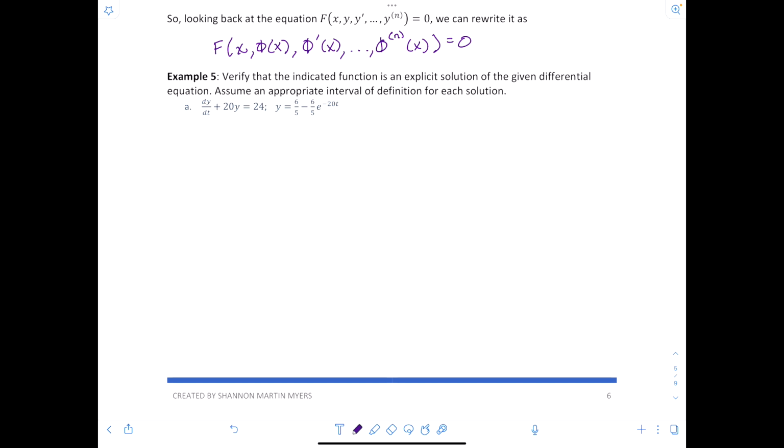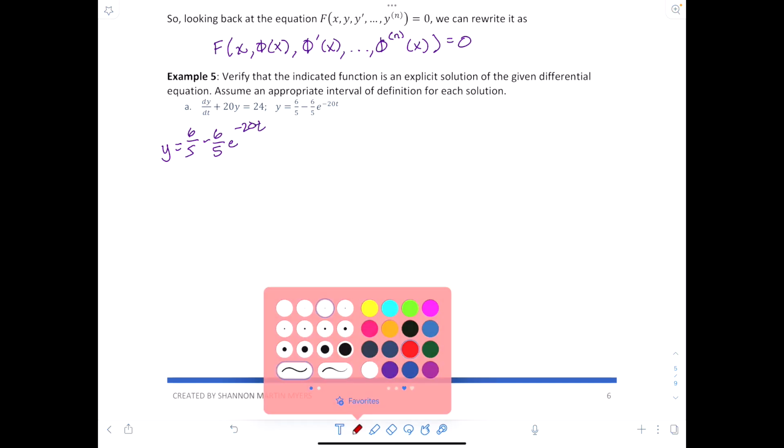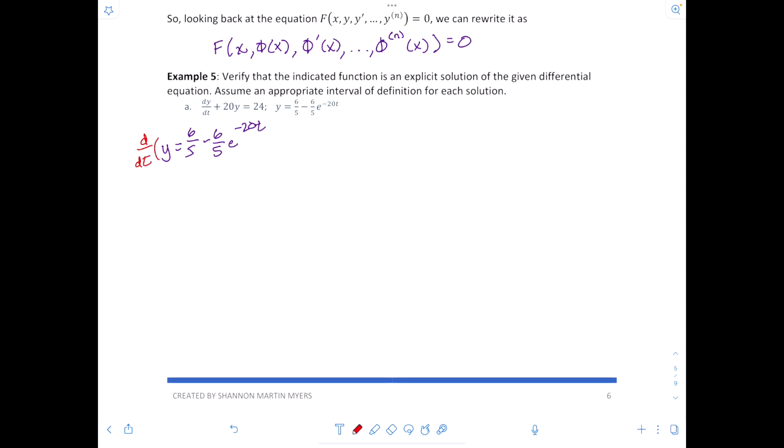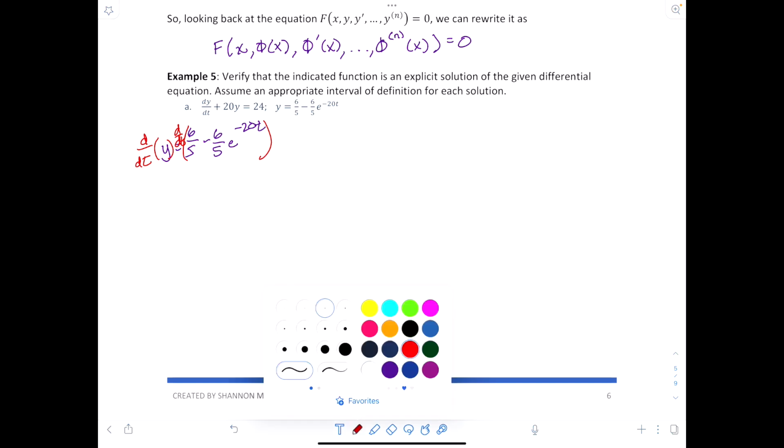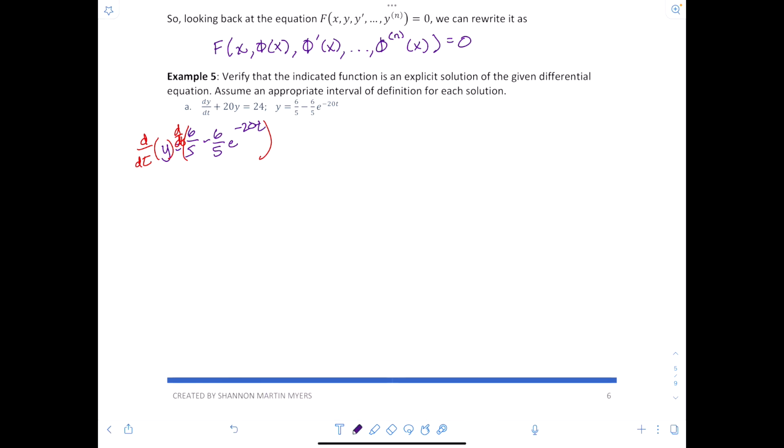All right, so first of all, we have a first order differential equation. So we might want to find the derivative of y with respect to t. So y is equal to 6/5 minus 6/5 times e to the negative 20t. So when I differentiate both sides with respect to t, we will have dy/dt is equal to the derivative of 6/5 is 0, right?